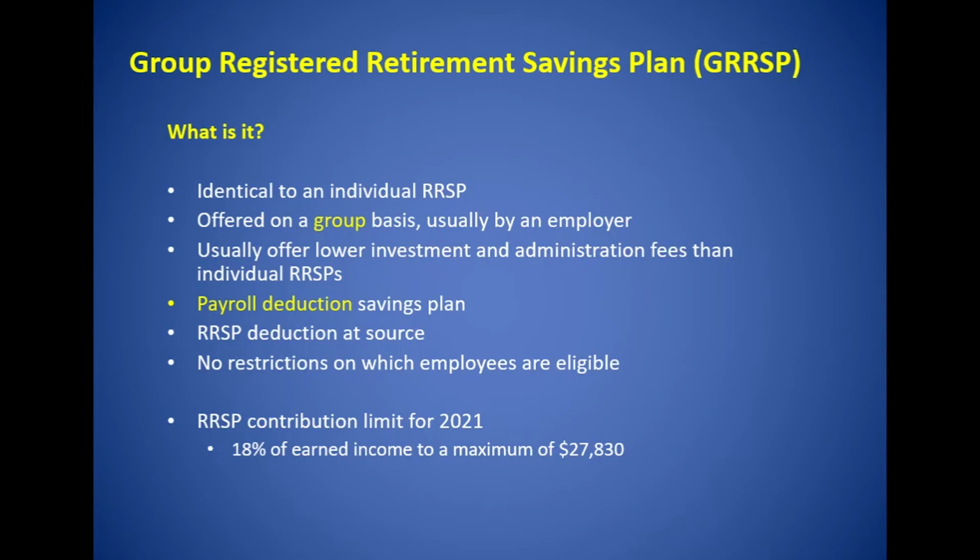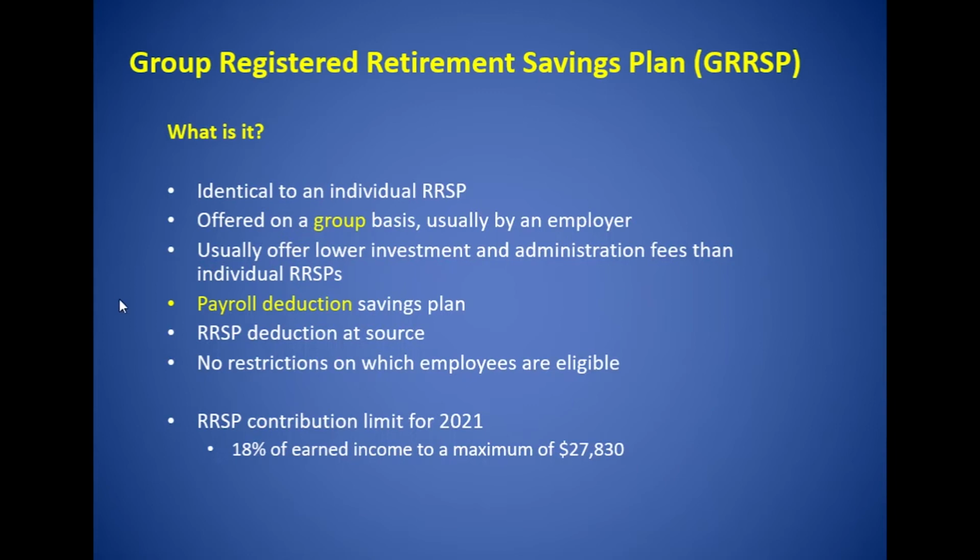So this is a big advantage to an employee in that they don't have to wait until they file their income tax return by April 30th of the following year, where they indicate that they have made RSP contributions. And when they file their income tax return, then and only then do they get the tax credit for the contributions to the RRSP.